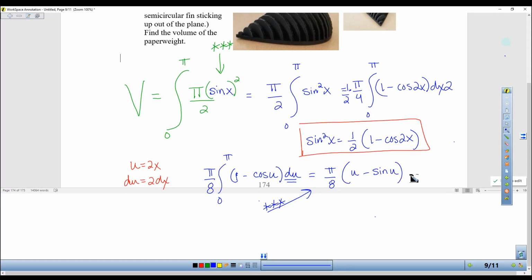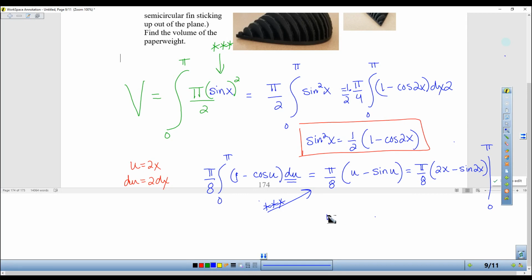And we're going to be going from 0 to, actually not yet. First I have to put my u back. So pi over 8, and this is why it had to be u and not x, is 2x minus sine of 2x. And I am going to be doing that from 0 to pi.